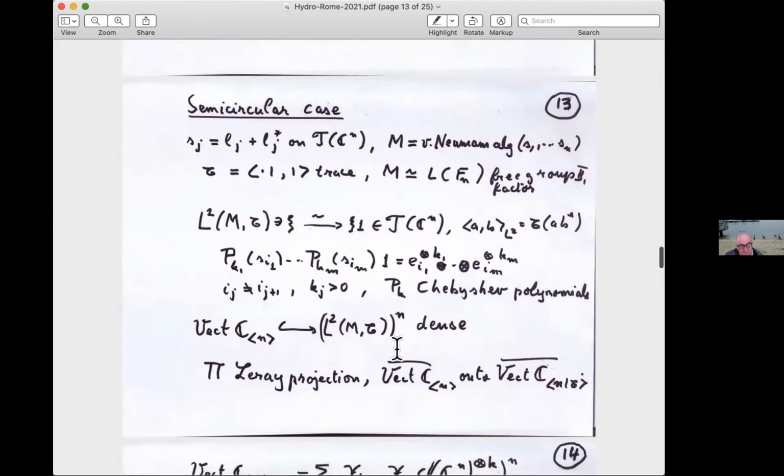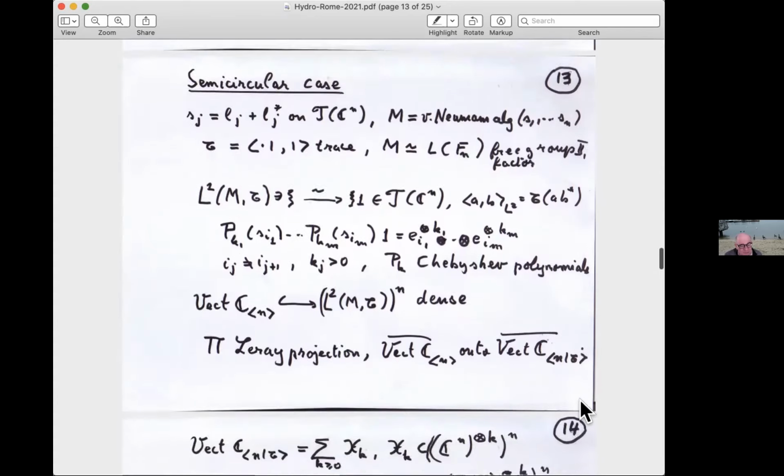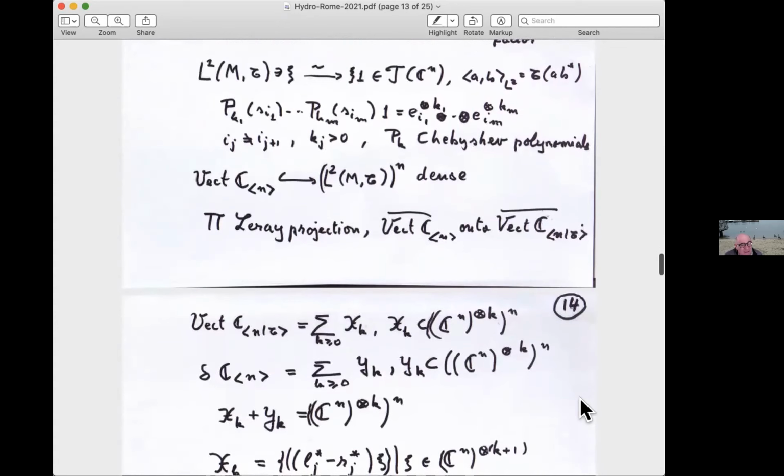And then I have the Euler projection, the analog of the Euler projection, which will be the orthogonal projection of the whole thing, the closure of the vector fields, onto the vector fields which preserves the measure infinitesimally, the closure of divergence-free vector fields.